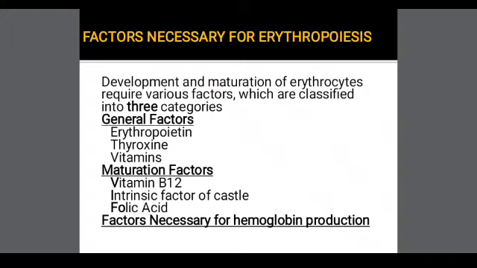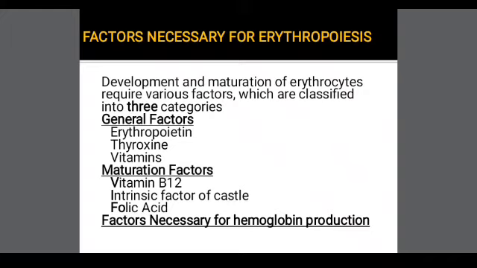Its absorption from the intestine requires the presence of the intrinsic factor of Castle, so the two are often interchanged, and both are important. They are both maturation factors, so they help in the maturation of red blood cells.